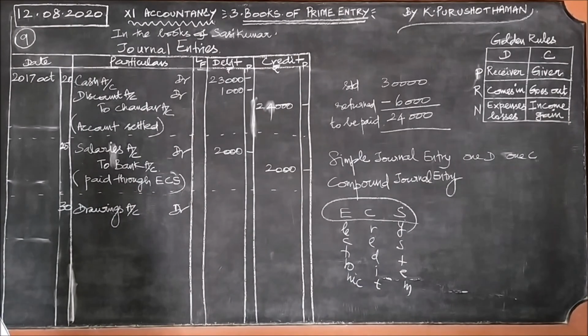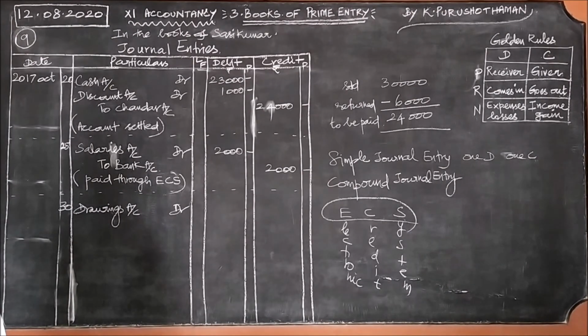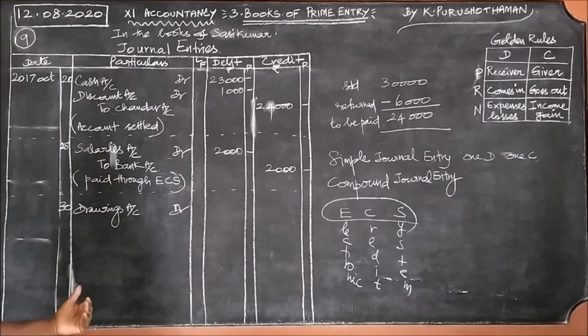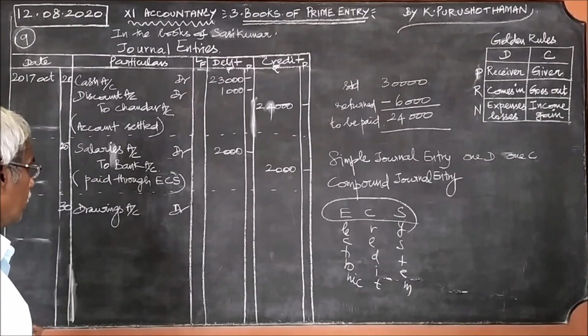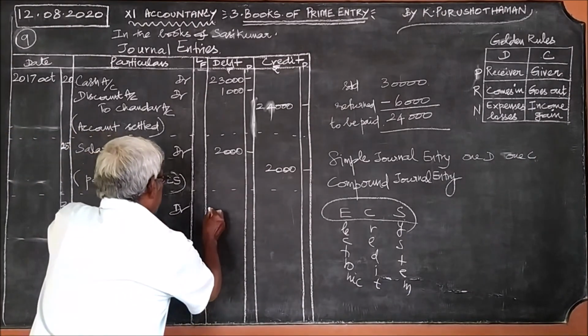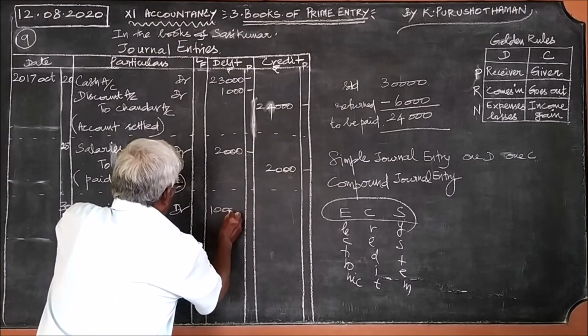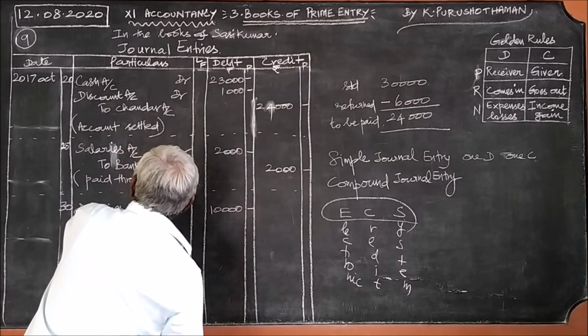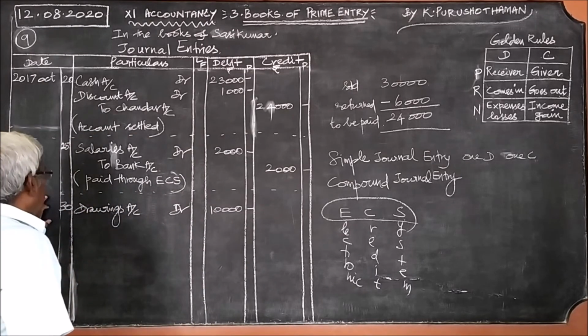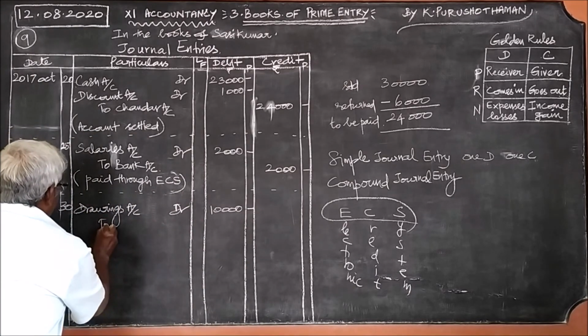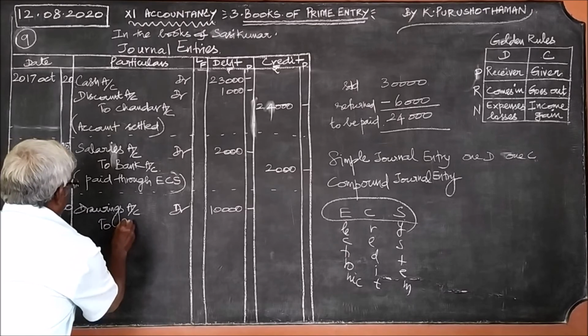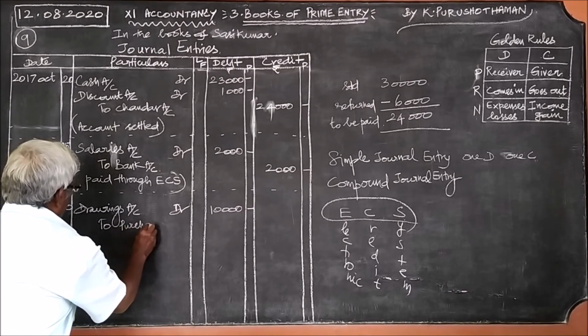If cash is taken, drawings account debtor to cash account, because cash goes out. But here goods are taken. Therefore, what goes out? Goods go out. But here you should not write goods account, but you should write drawings account debtor to purchases account.